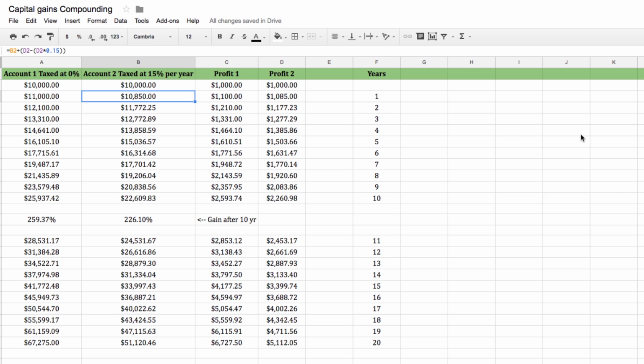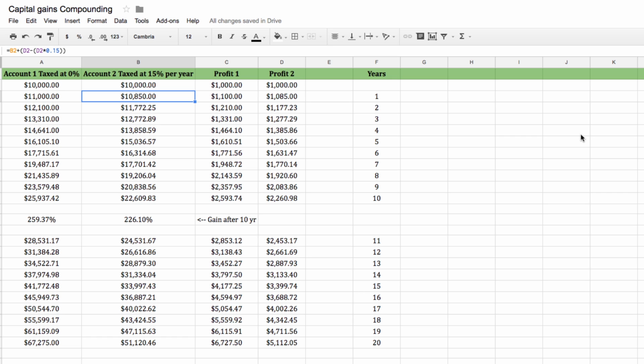Now the next year comes and the first account earns 10%. The first account is now worth $12,100. The second account also earns 10%, but this account only makes $1,085 on their return. So now the second account value is worth $11,935, and it has to be taxed at the capital gains tax rate.